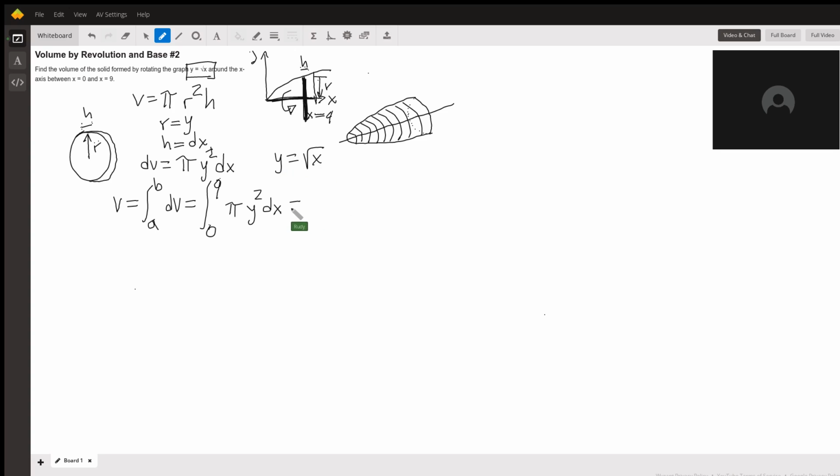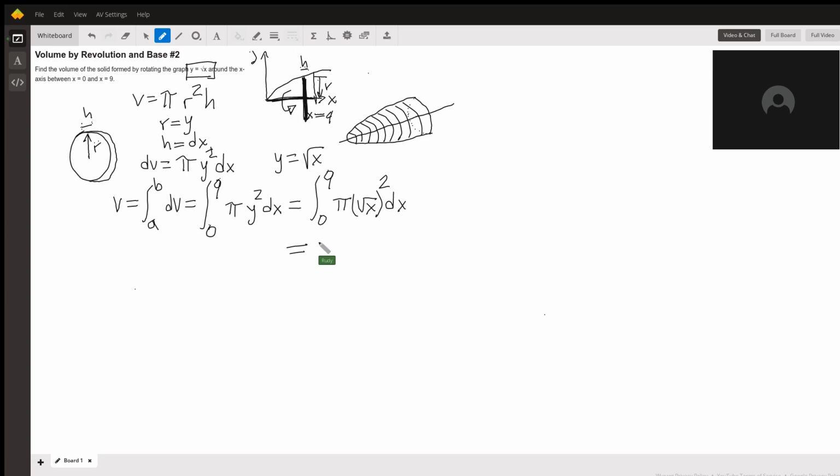So when we plug it in, we will get the integral from 0 to 9 of pi times square root of x squared dx. When we solve for this, this is just a simple integral.